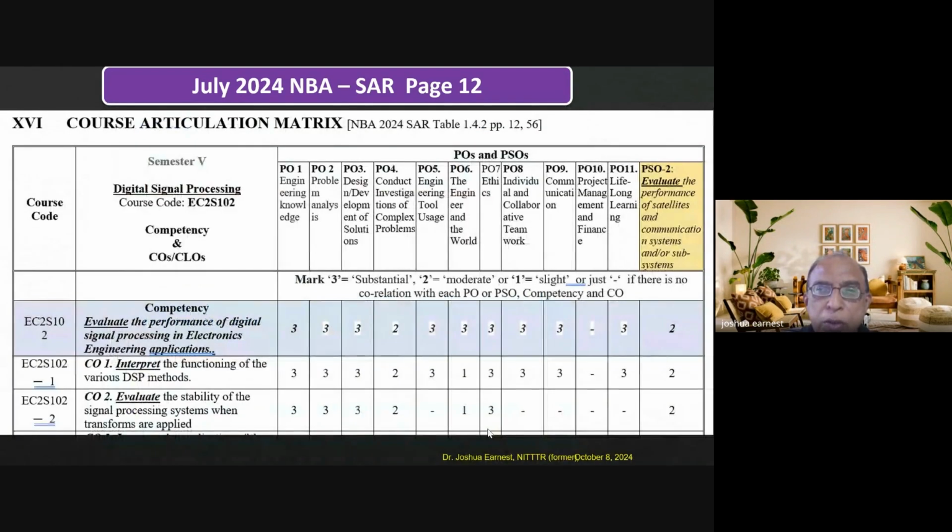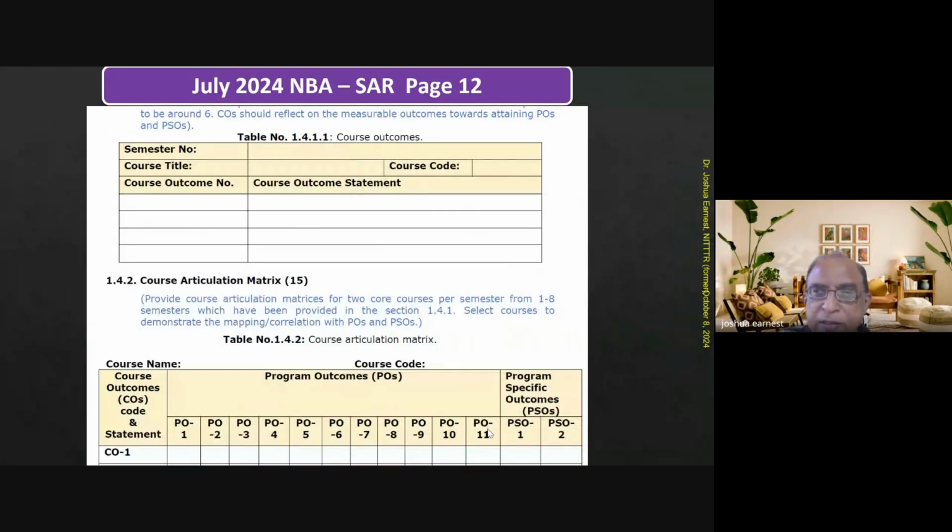Now how is this to be done? This is how I have done it, and wherever I give my consultation. You saw the difference; I have improved on what SAR 2024 has done. In SAR, only POs and PSOs are given, and generally only one PSO is addressed in one course, in very few cases two PSOs.